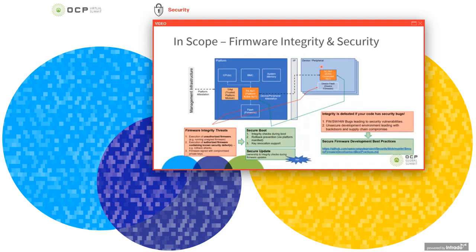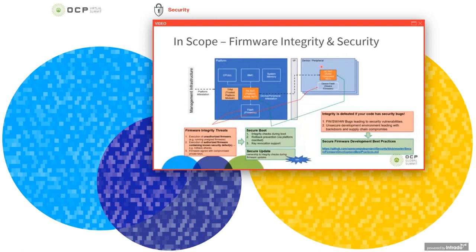Last but not least, you can have all of the integrity you want, but if the code has security bugs, exploitable security bugs, then the attack vector would be not by replacing your firmware, but just by using the firmware bugs in order to penetrate the system. So this goes to software bugs, firmware bugs, hardware bugs, and even things like just unsecure development environments.